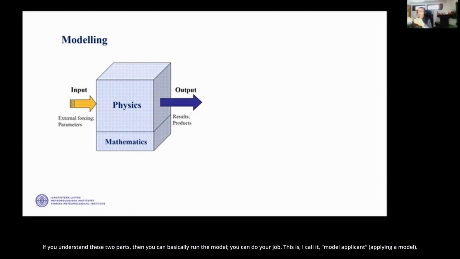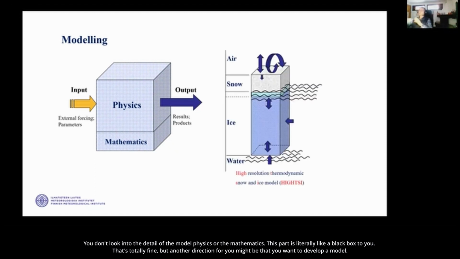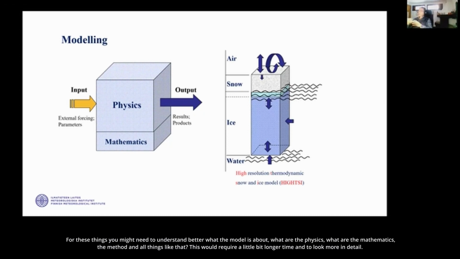This is what I call a model applicant. You don't look into the details of the model physics or the mathematics. This part is literally a black box to you. That's totally fine. But another direction for you might be that you want to further develop models. For that, you might need to understand a little better what the model is about.